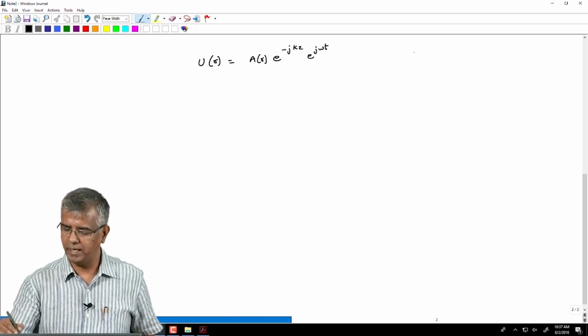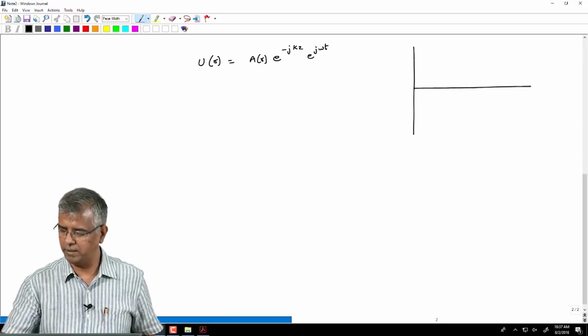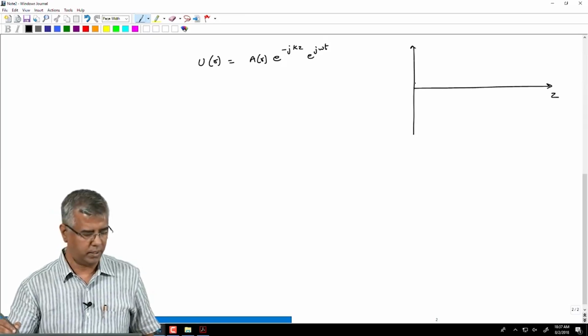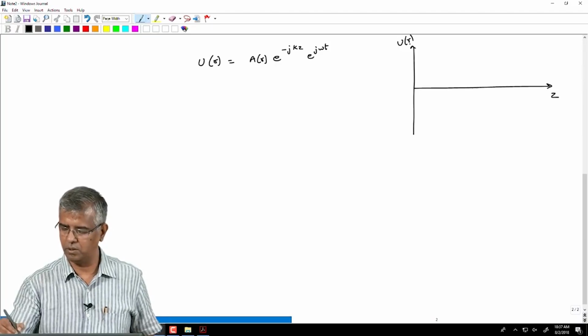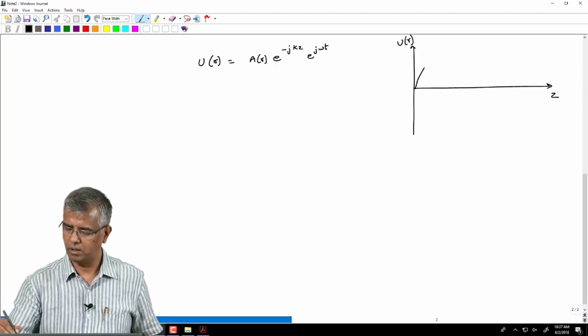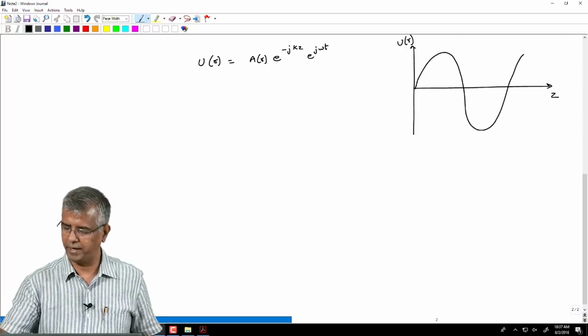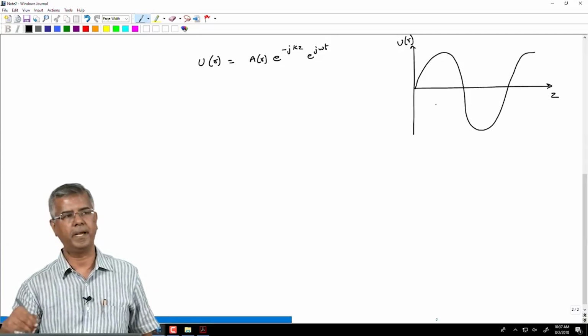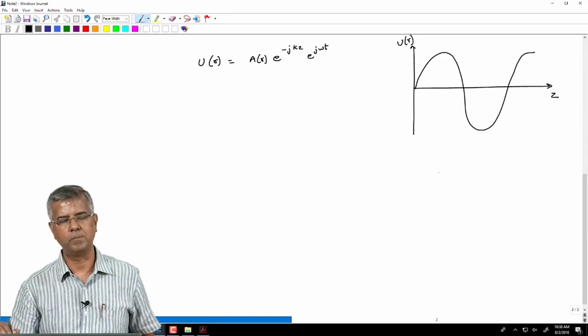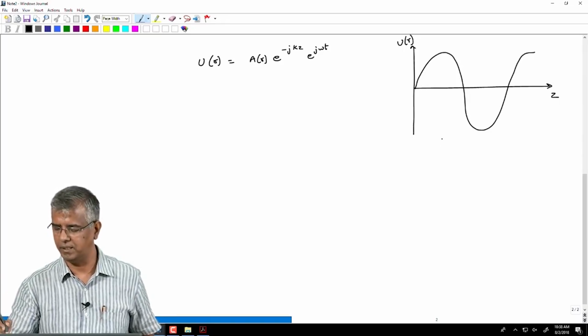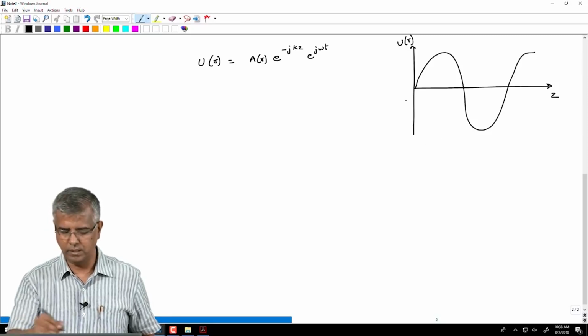So, if I look at this in the z direction, you are looking at u of r, and what you would find is it is varying in some sinusoidal fashion.